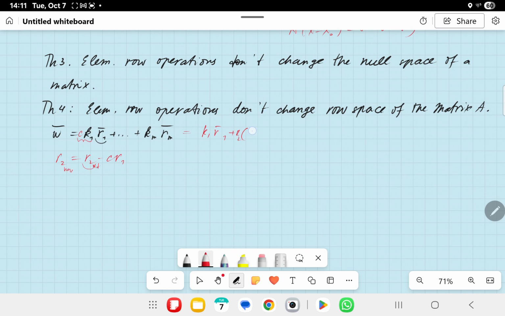We're going to have the new row number 2 plus C times R1, and all the rest of the linear combination. What we can do is open this parenthesis and combine this part together with this. We are going to have a slightly different constant here: K1 plus C K2 times row number 1. But over here is going to be the same row number 2.